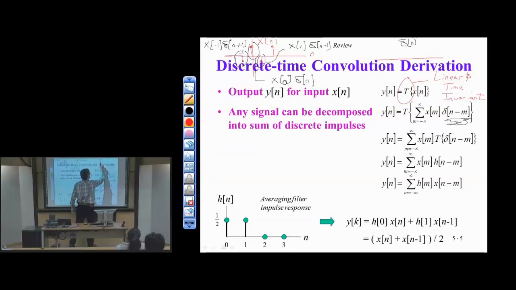Right, at the origin, it has value 1, and it has 0 value elsewhere. Right, and so forth. Right, this goes out to -infinity, and this goes out to infinity.